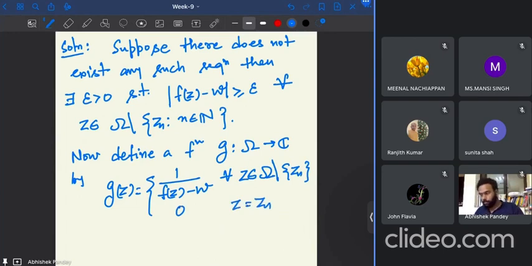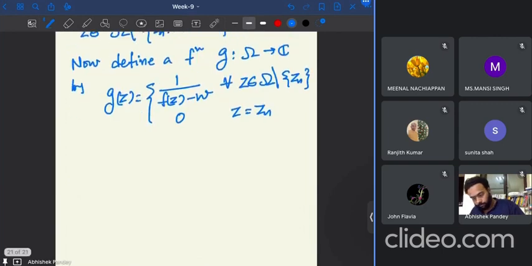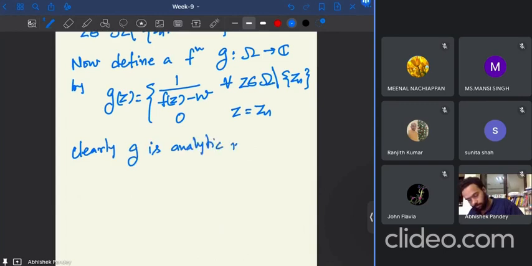Okay, so clearly g is analytic in omega. So how is this so? How is g analytic?